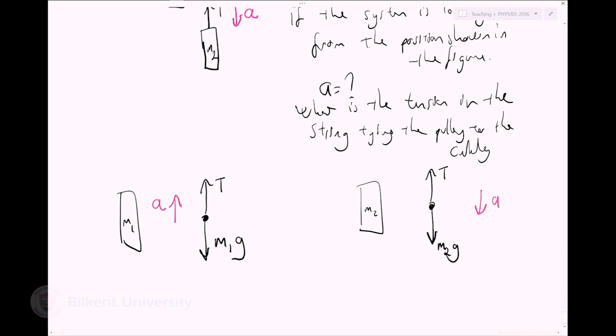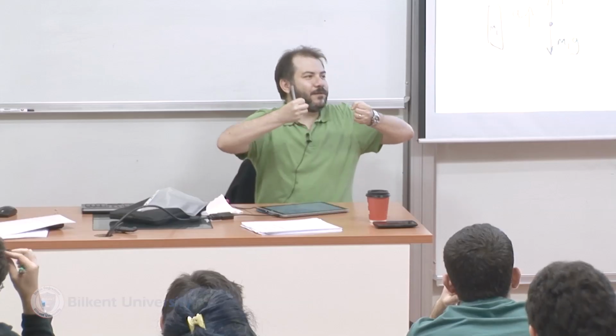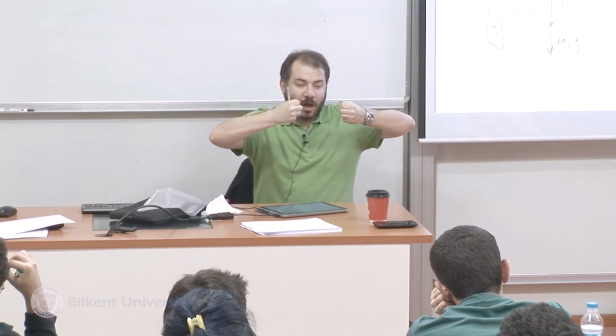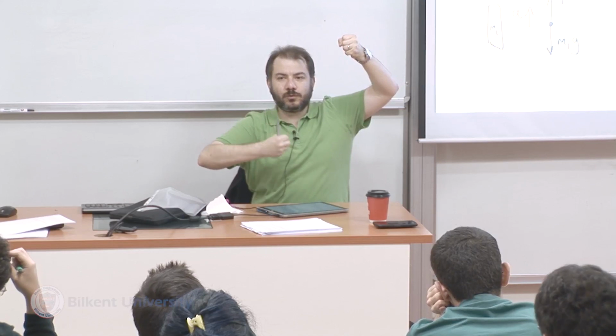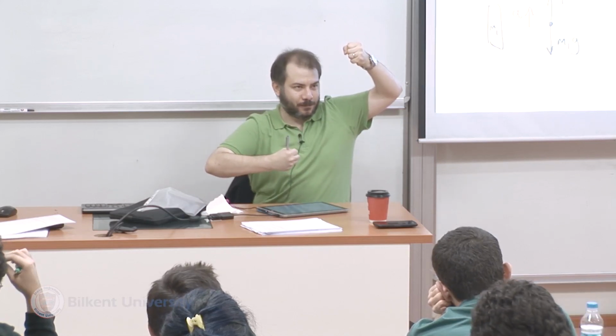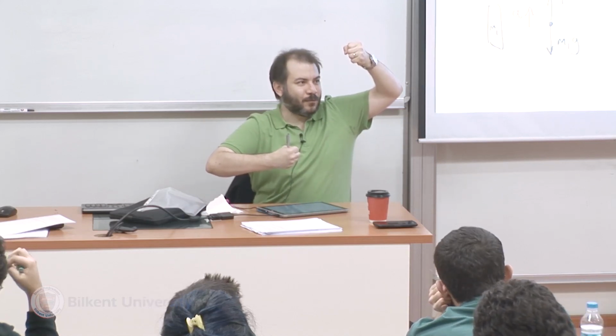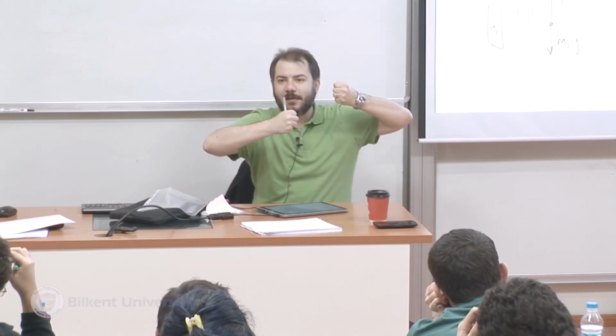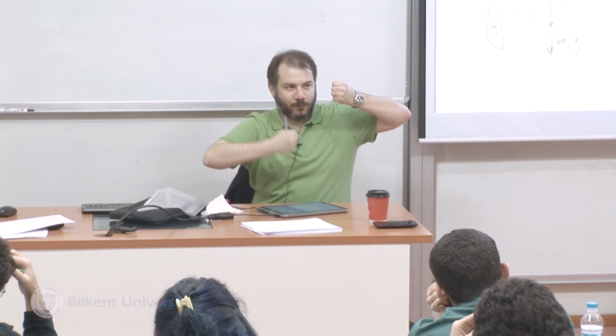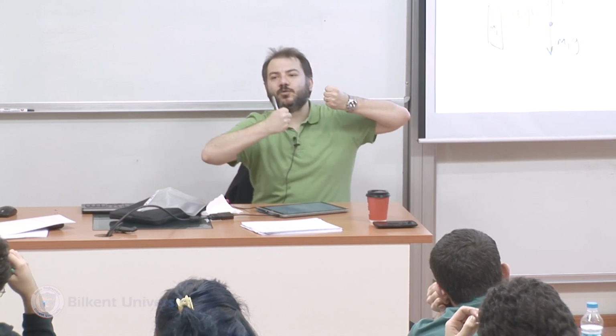Why do they have the same acceleration? Because they are on the same string. If M1 moves up by a distance x, M2 moves down by a distance x, right? So if I take one derivative, whatever is the velocity of M1 going up must be the same speed of M2 going down.